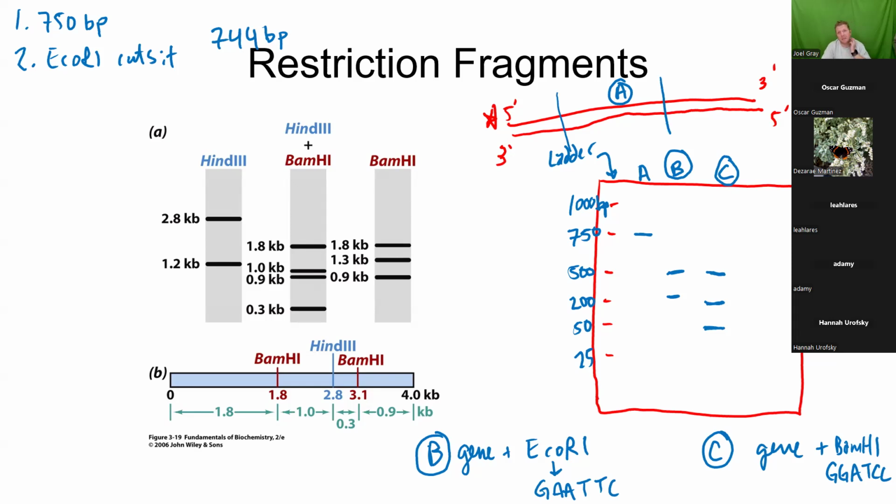By us seeing 3 pieces, that means we're cutting it 2 times. So we've got our third piece of data, that BamH1 cuts it 2 times.